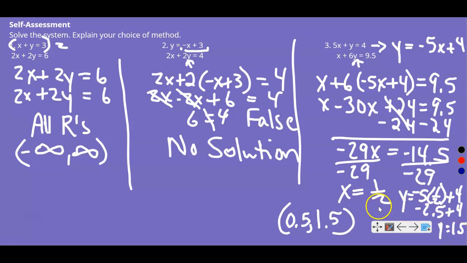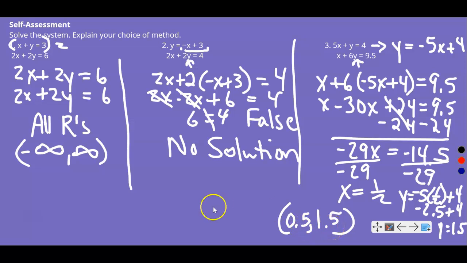Okay, so instead of writing this as a fraction and this as a decimal, I'll change the 1/2 to 0.5. Hopefully you know that 1/2 and 0.5 are two equivalent expressions, and so 0.5 and 1.5 is my x and y value. So this one has one solution.